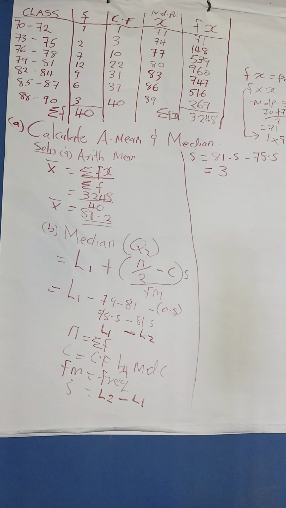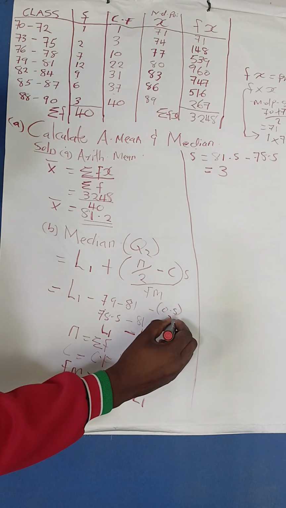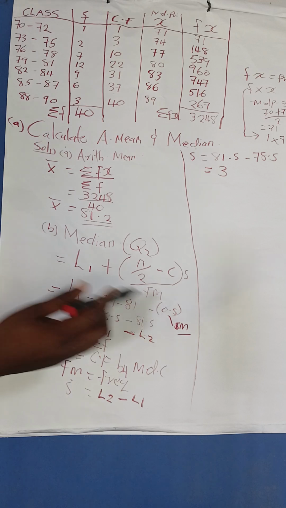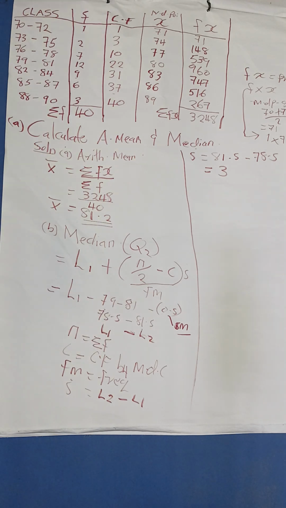Good. Now, there is a mistake students normally make here. They ignore the smallest value I've mentioned, and they pick 79 to 81 as the class. Then when they want to find the class interval, they subtract 79 from 81 and end up getting 2.